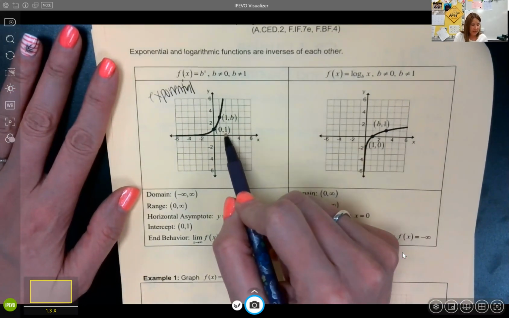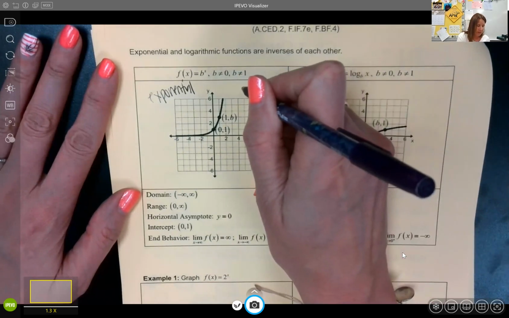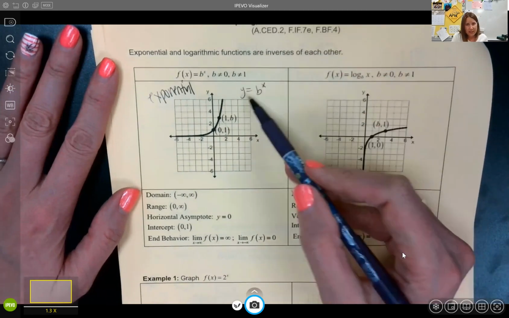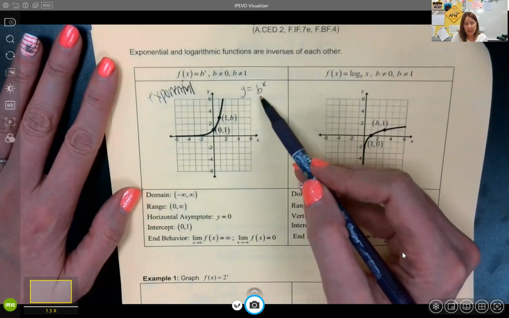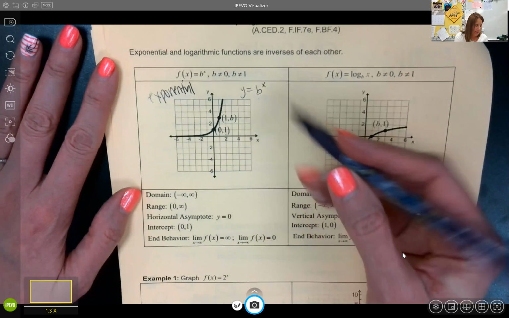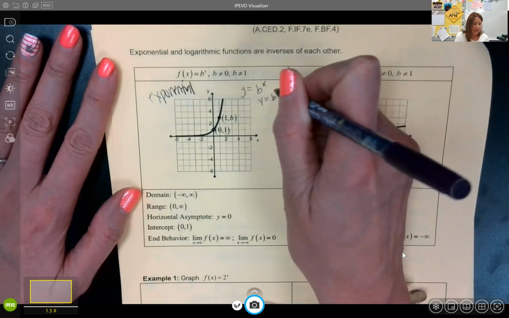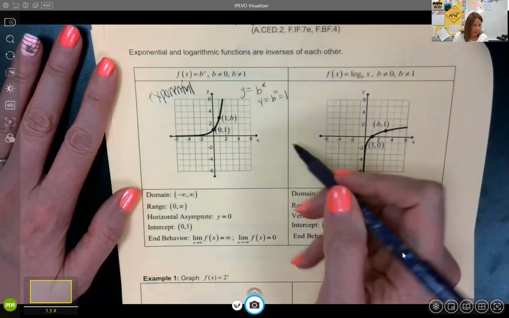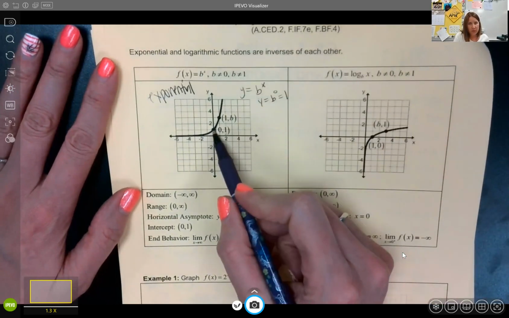The reason why is that if I have a function y equals b to the x, it doesn't matter what b is if x is 0. If I have anything to the 0 power, we always get 1. So that's why the exponential graph will always go through 1.